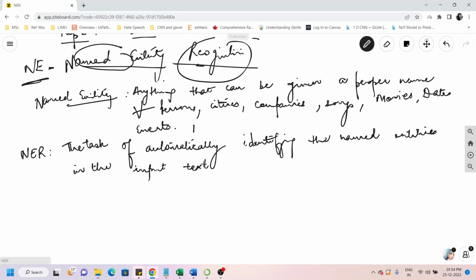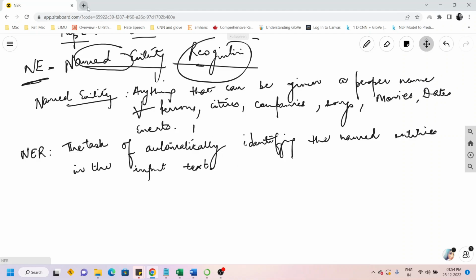So now we have learned the two definitions: what is a named entity and what is named entity recognition. One is a named entity and the other is recognizing that named entity.